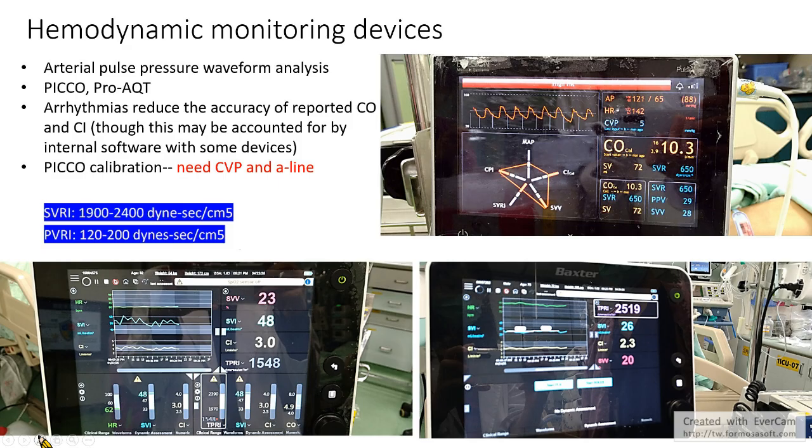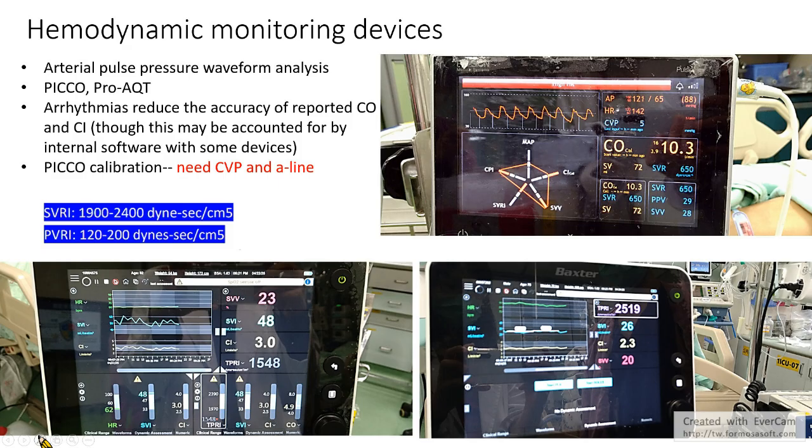So on the screen, you can look at several devices such as PiCCO or PRAM, and some are also called minimally invasive devices that measure the patient's arterial pulse pressure by each waveform and analyze it.